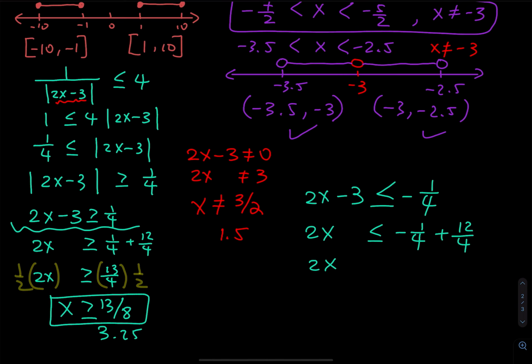So this is 2x less than or equal to, oh, it's actually 11 over 4. 12 minus 1 is 11. 11 over 4. And then we multiply both sides by, no, not multiply by 2. Multiply by 1/2.